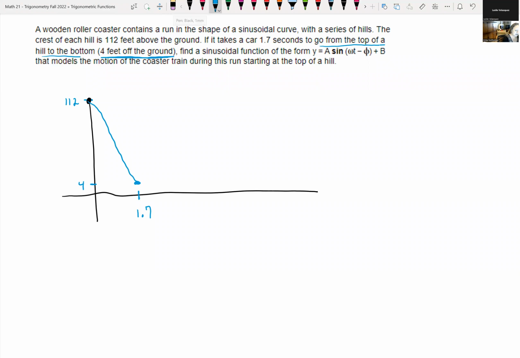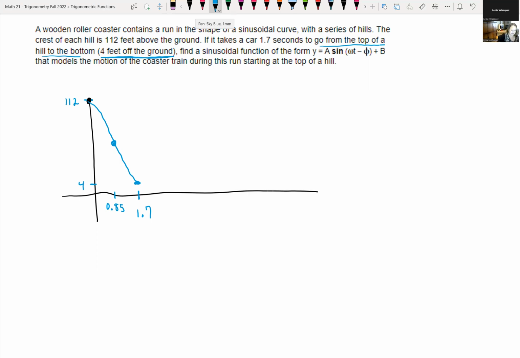So I'm just going to assume that if it goes from 0 to 1.7, the halfway mark between 0 and 1.7 would give us our midway line. So 1.7 divided by 2 gives us 0.85. So that's halfway down.